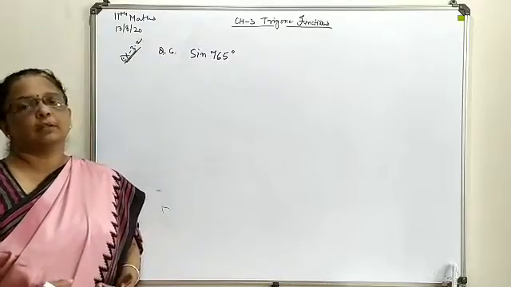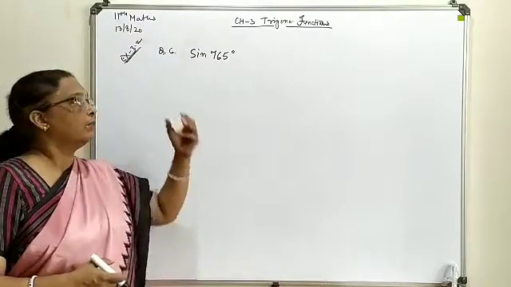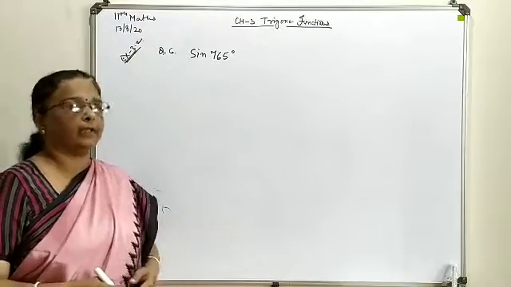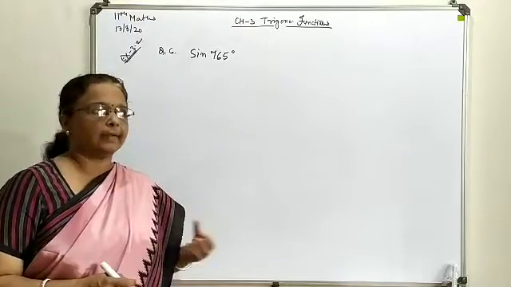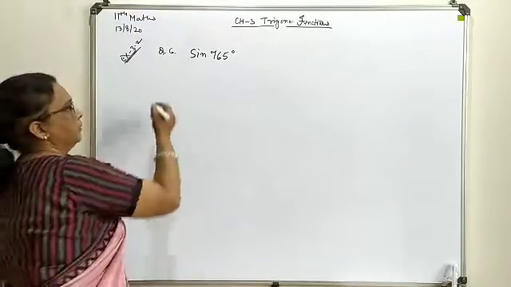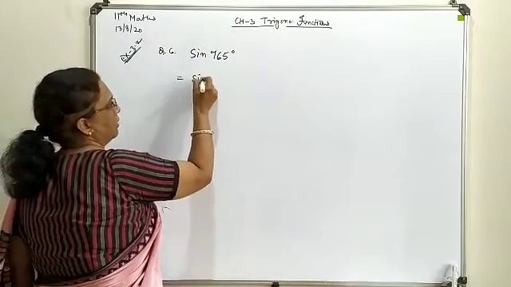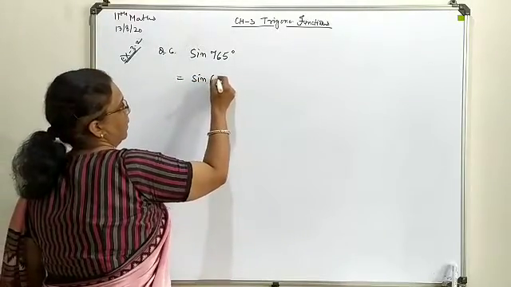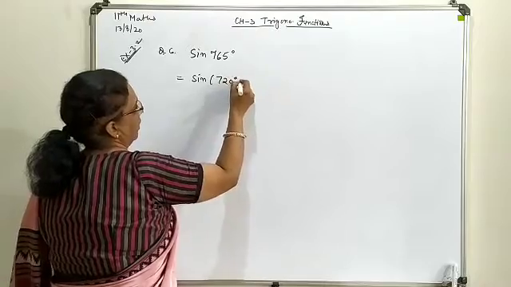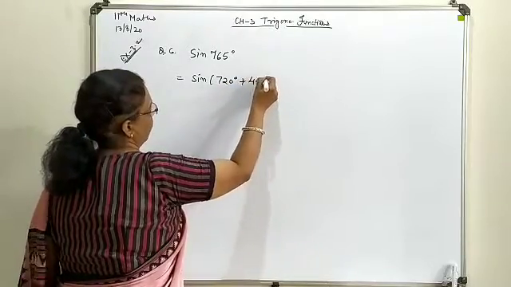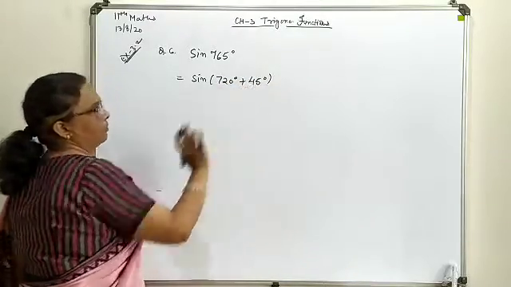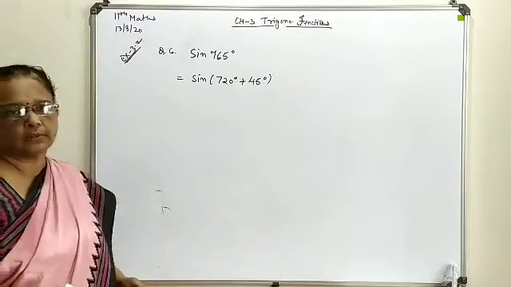As a multiple of 2 pi, meaning 360, we can separate the angle to make a cycle complete. So here it is to be written as sine of 720 plus 45. This angle should be between 0 and 90.